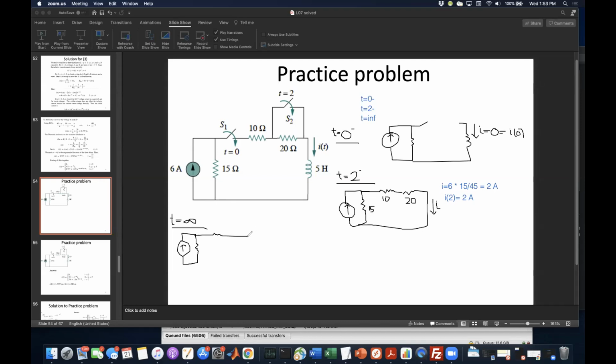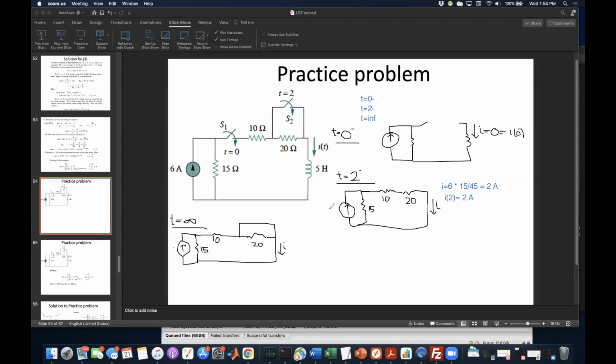This is 15. This is I. So now what is the value of I in this picture?